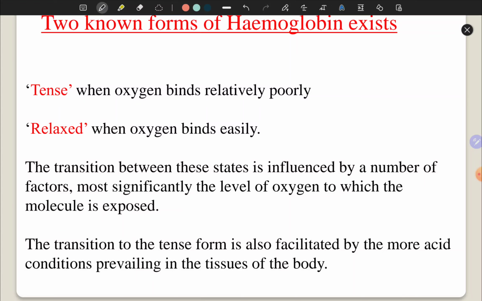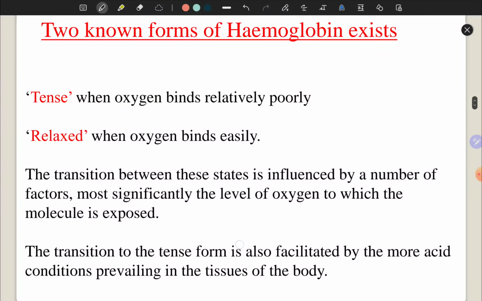That's all about the tense and relaxed forms, but both are related to the availability of oxygen. Transition between these states is influenced by a number of factors. Most significantly, the level of oxygen to which the molecule is exposed. Transition to the tense form is also facilitated by acidity in the tissue.